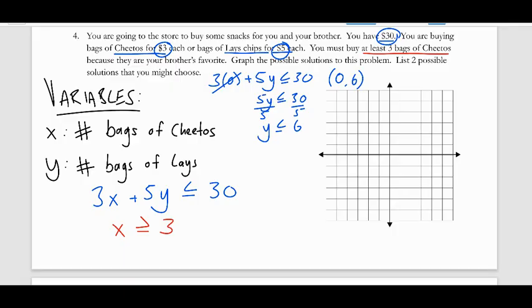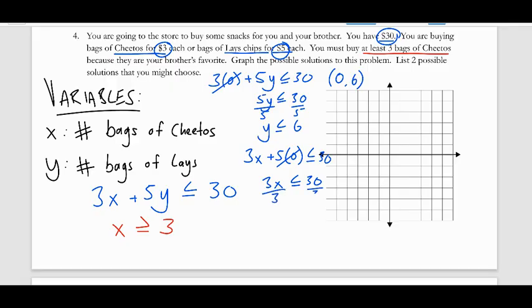And for my x-intercept, what to do is plug in 0 for y. Using the same equation, I'll have 3x plus 5 times 0 less than or equal to 30. This goes away, of course, because 5 times 0 is 0. So 3x is less than or equal to 30.